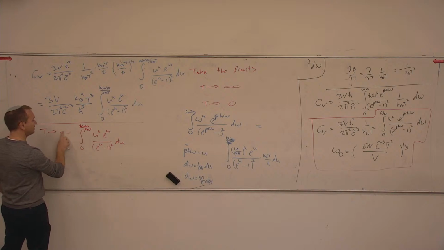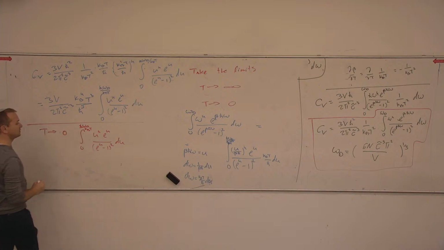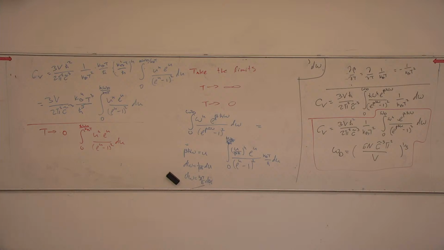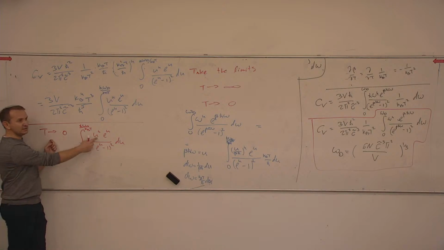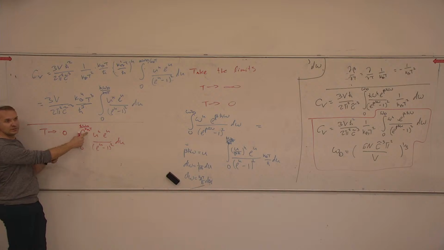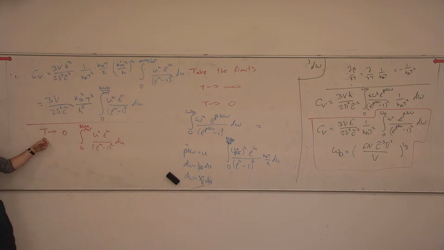Let's take the T to the 0 limit first. We look at this integral and we say, well, when T goes to 0, whatever is inside the integral is independent of the temperature. Where is the only dependence on the temperature? It's in the upper limit of the integral, right? So when I take T to 0, what happens to the upper limit of the integral?